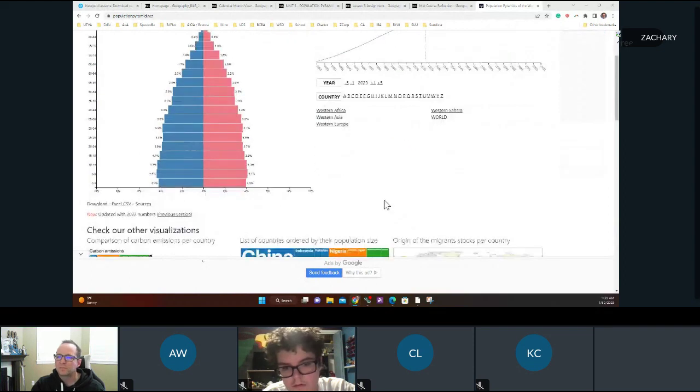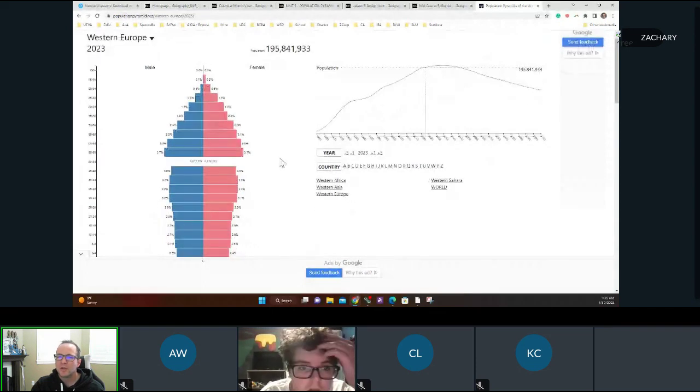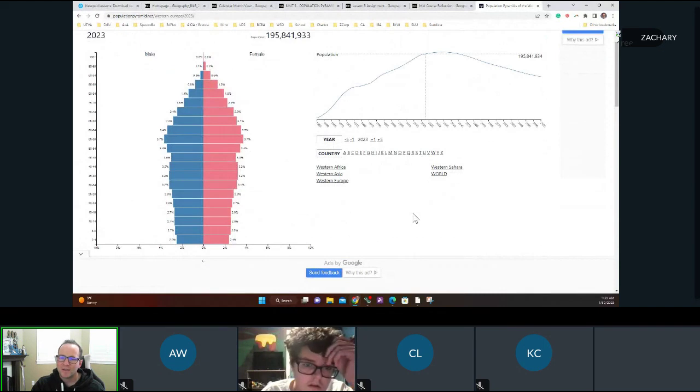We can break this down to, for example, Western Europe, where you can see this happening. This is not a pyramid anymore, right? There are a lot fewer babies being born, and you have all of these older people. So they have a huge issue: the working class that usually provided for the elderly and for the infants is not able to, because there's not as much workforce.